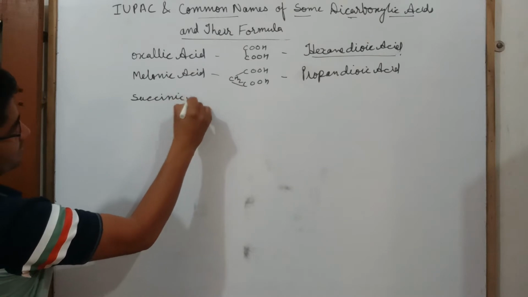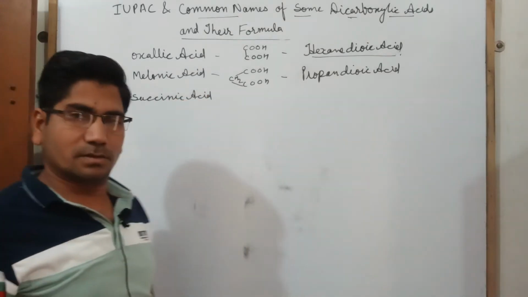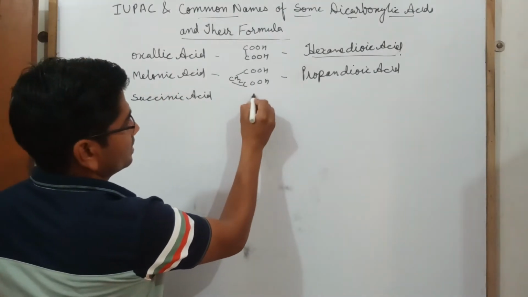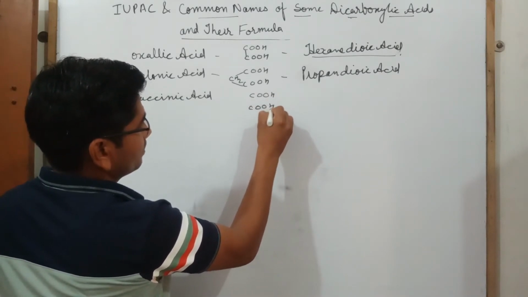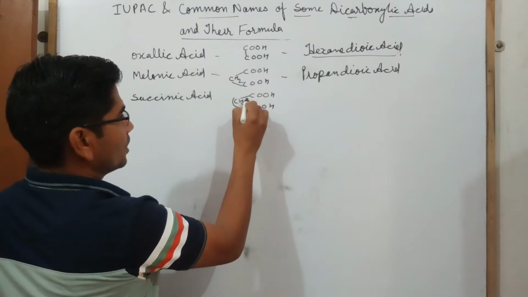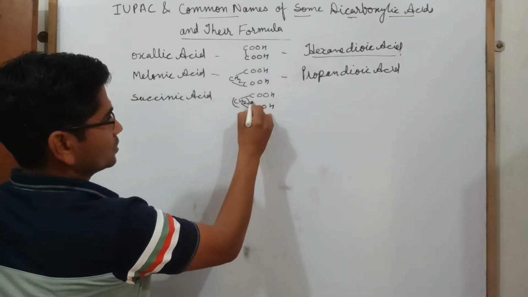The chemical formula of succinic acid will be the same, 2 COOH like above, and the difference will be in the number of CH2. So here the number of CH2 will be 2.